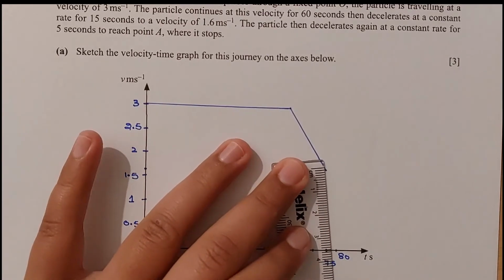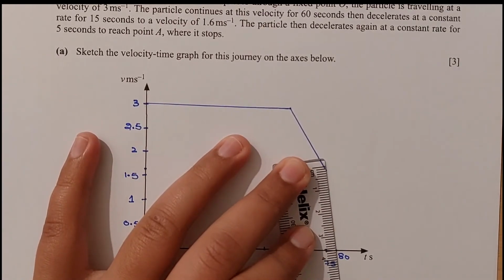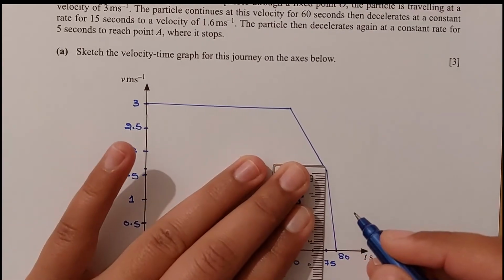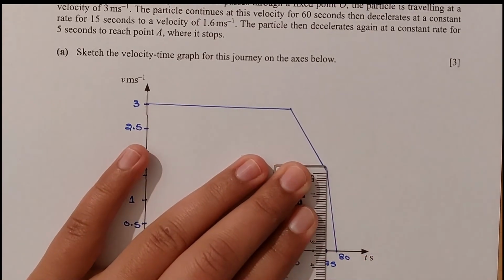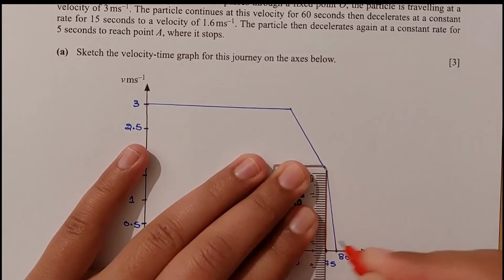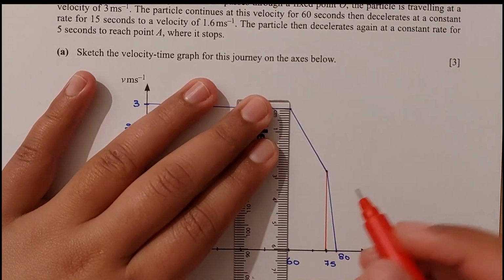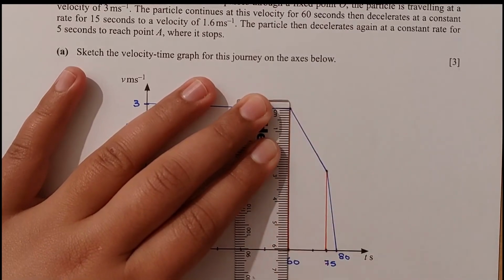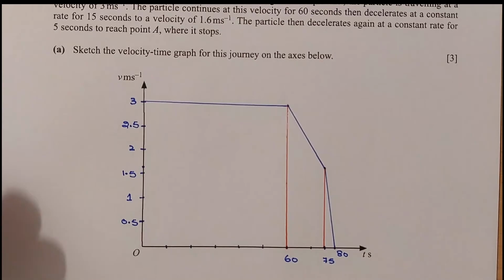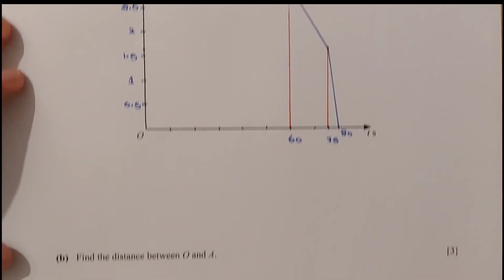So it stops at 80. So this is the point 75. Time is 75 here and the time is 60 here, right? So this is a sketch of the velocity time graph for this journey on the axis.